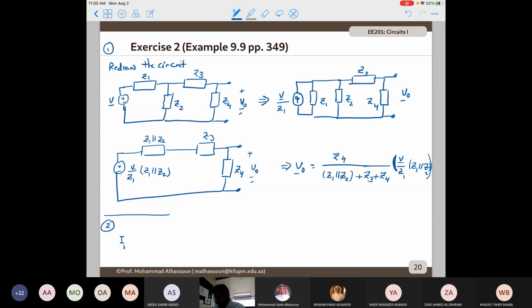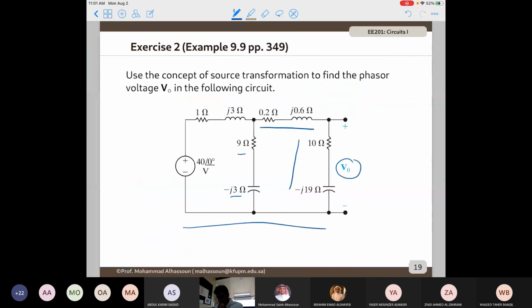The current is going to be the voltage divided by the impedance. The series impedance is 1 plus J3.